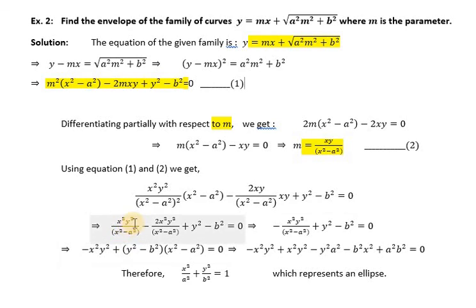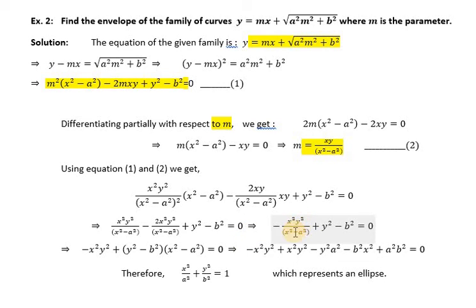So we get x square y square by x square minus a square minus 2x square y square by x square minus a square plus y square minus b square is equal to 0. Now x square minus a square and x square minus a square cancels here. So the equation reduces to this equation.